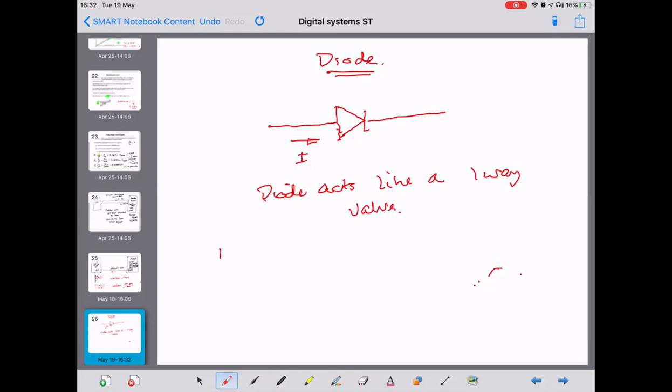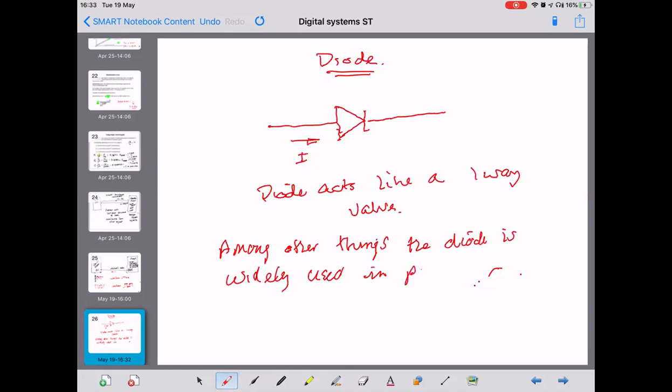Among other things, the diode is widely used in power systems for rectification.